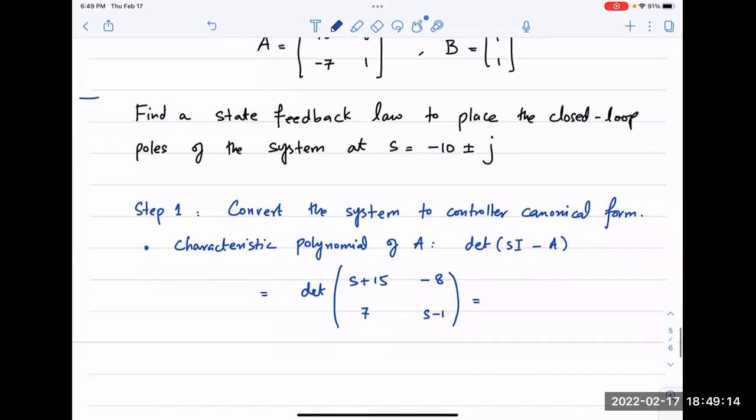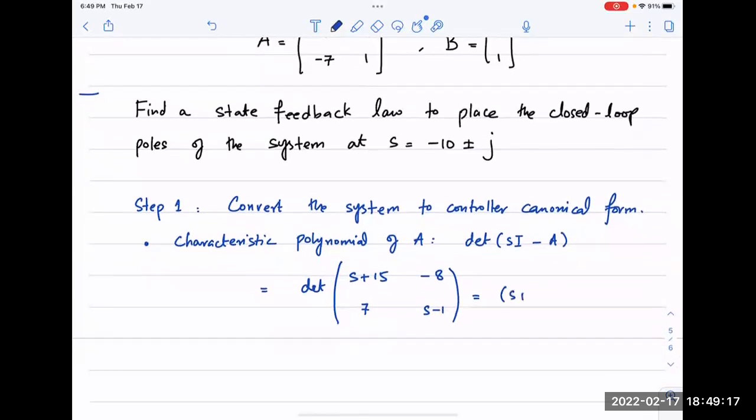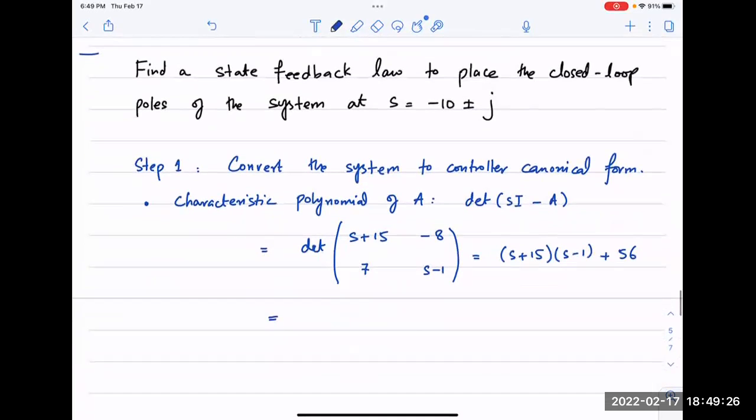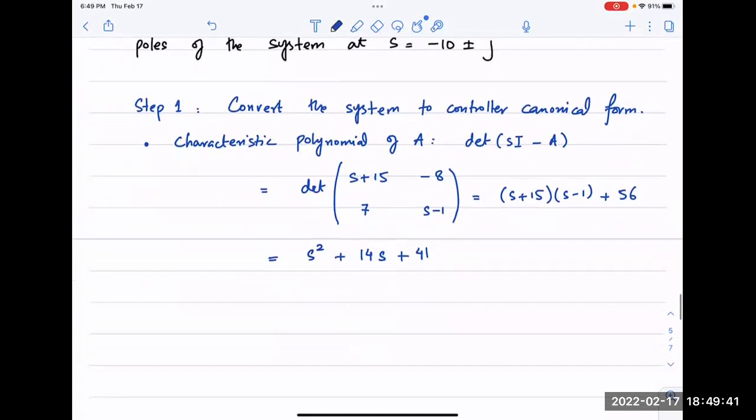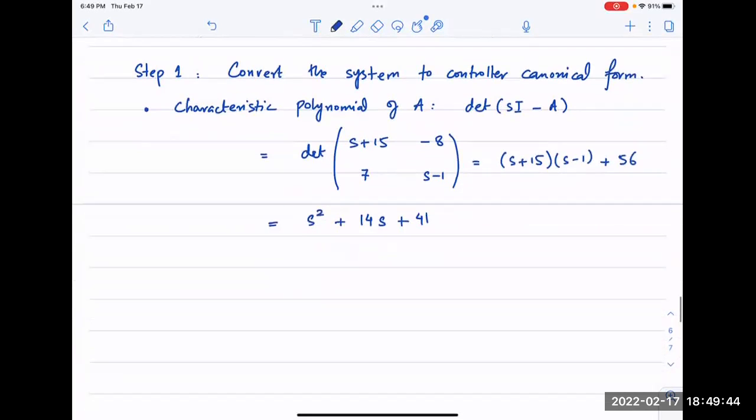If you take the determinant, it will be (s plus 15) times (s minus 1) plus 56. So it turns out to be s squared plus 14s plus 41. So that's our characteristic polynomial. If you figured this out, then it's very easy to go to controller canonical form.